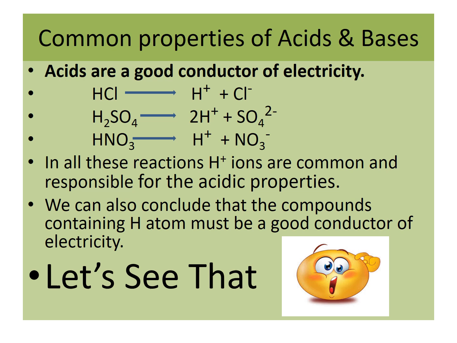They ionize to give hydrogen ions in the aqueous solutions. So in all these reactions, hydrogen ions are common, and this release of these hydrogen ions is responsible for their acidic properties. So we can conclude that the compounds which contain hydrogen atom must be a good conductor of electricity.